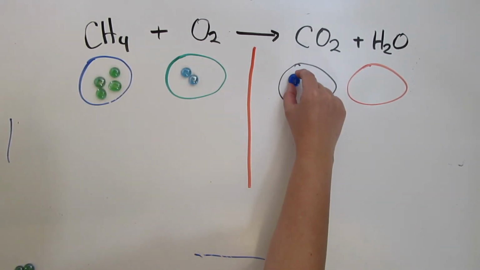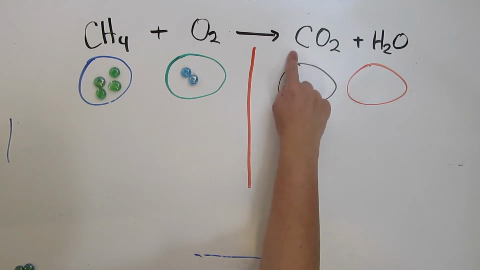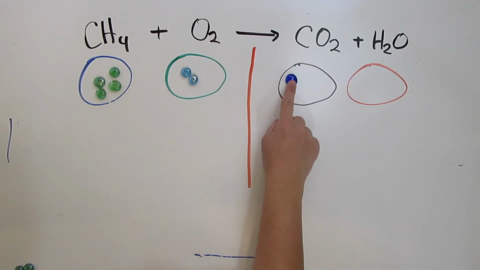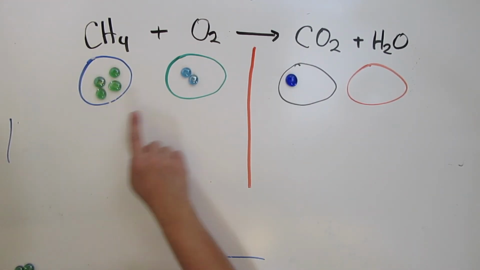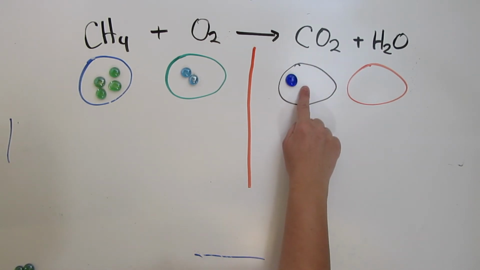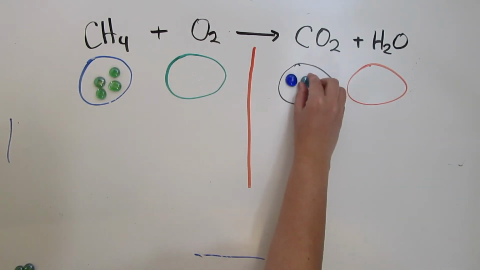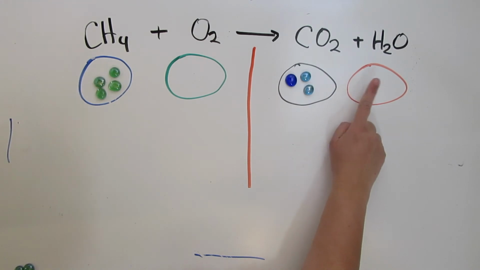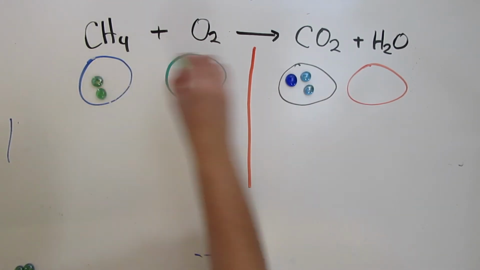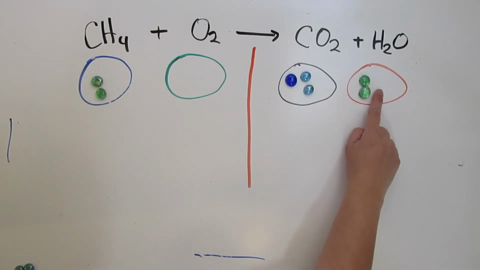So here's our carbon for our carbon dioxide. We have to get our carbon from our methane, and we need two oxygens to complete our carbon dioxide molecule. Now we need to make water. So we need two hydrogens, and we need an oxygen.